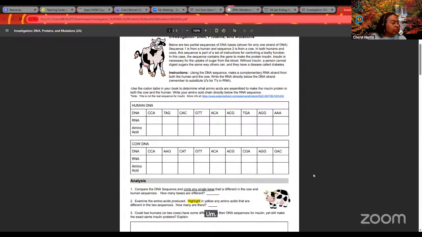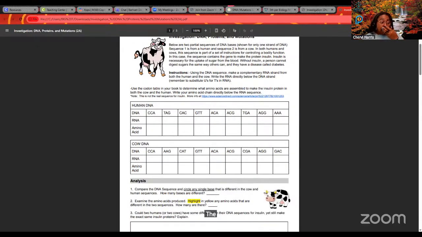Would we write 3 or 6 for how many are different? I have 4. You have 4? I have the second one, the third one, and then, no, I think the third one is the same. On the human DNA, the second one is TAG, and on the cow, it's AAG.